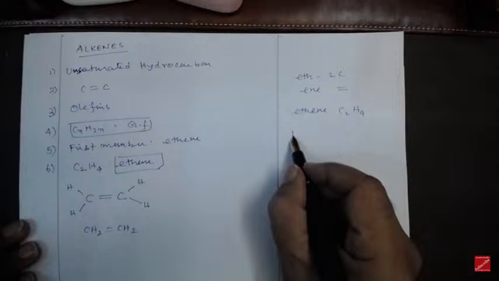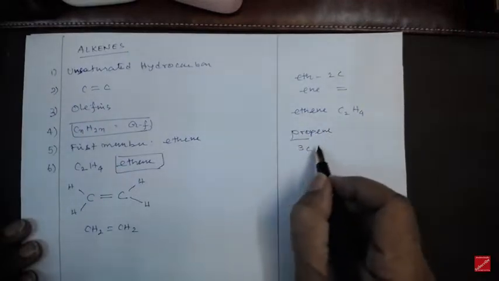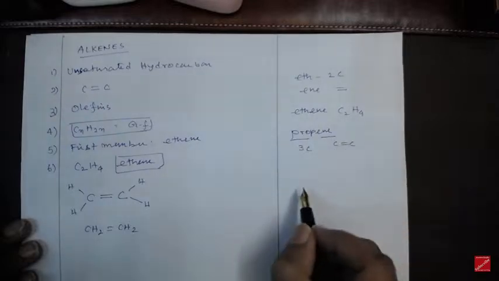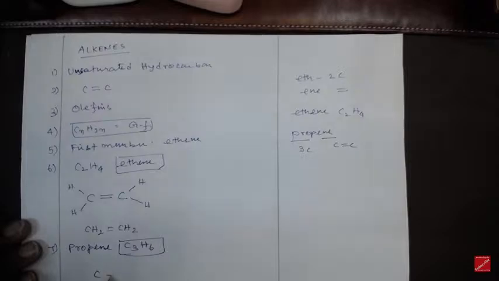Similarly, you can have propene. Prop means 3 carbon atoms, ene means double bond. So you have to develop the propene structure, that is C3H6. So we can write down 1, 2, 3. For one carbon you can put a double bond. So fill up with hydrogen. Here you have one bond and you have to put 3 bonds.